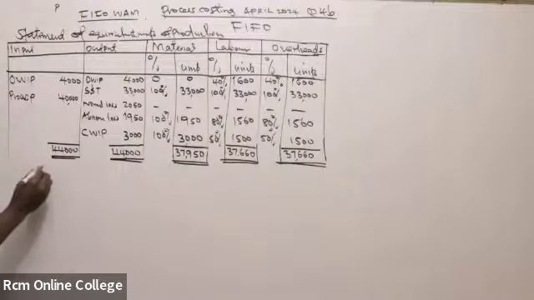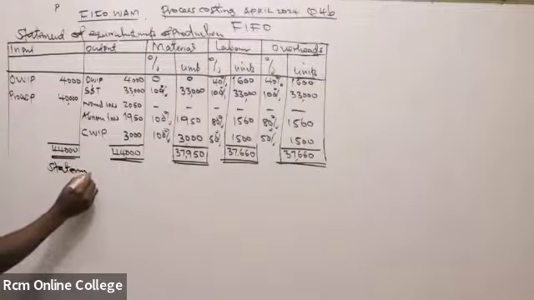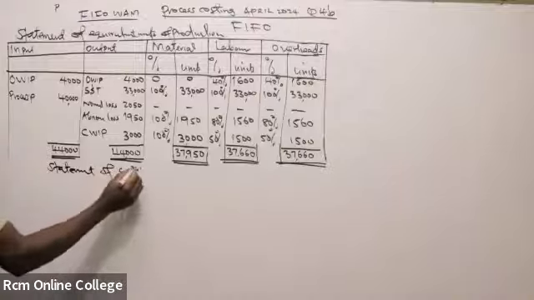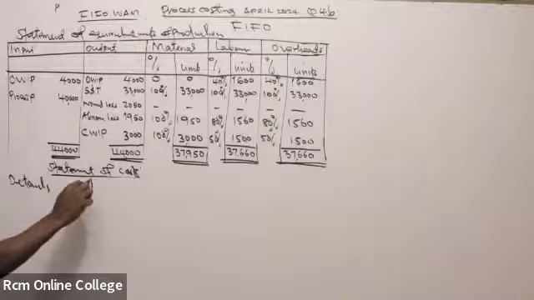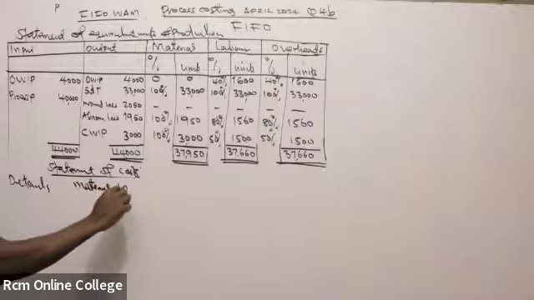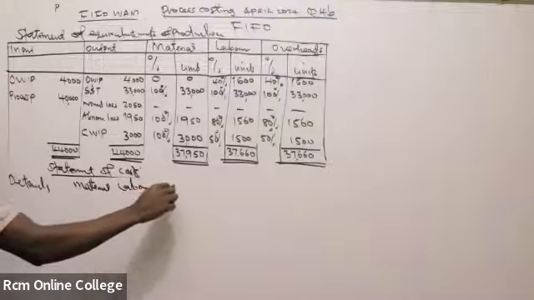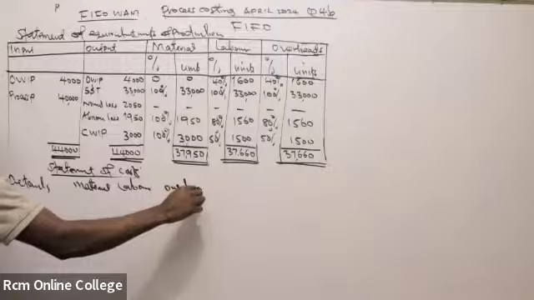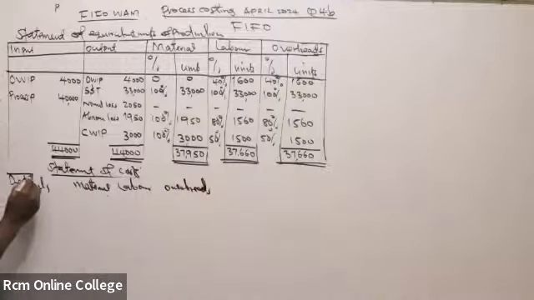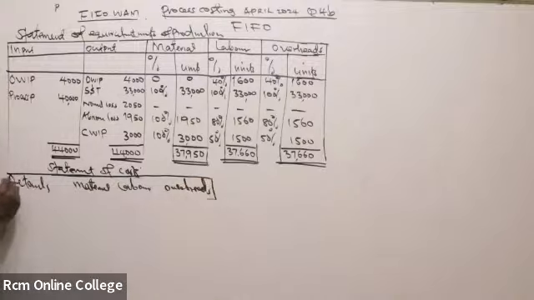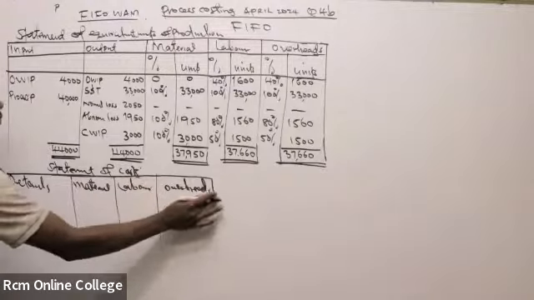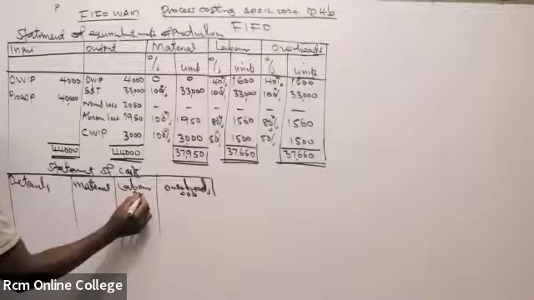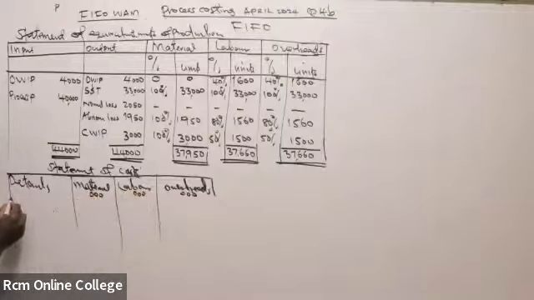So we have a statement of cost, with details: material, labor, overheads. And to save on time, we can do them in thousands. Those zeros are too much.